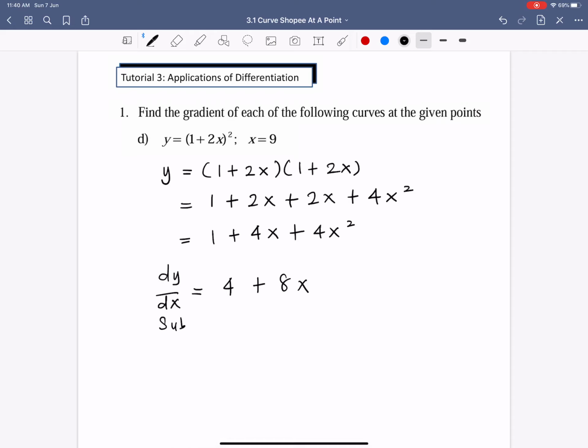So substitute x equals 9. Then you have dy/dx equals 4 plus 8 times 9, and it equals 76.